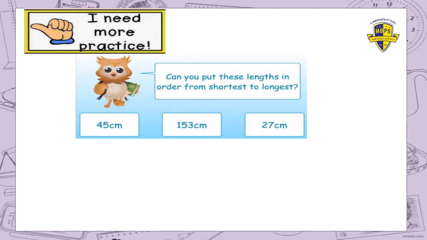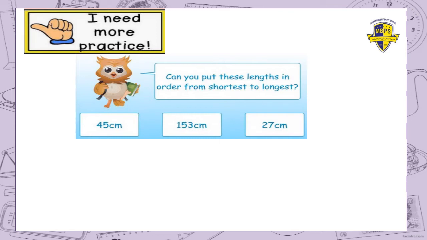This example asks you to put these lengths in order from shortest to longest. The lengths we have are 45 centimeters, 153 centimeters and 27 centimeters. So here we are lucky. Why? Good, because all the lengths are in centimeters, so all you have to do is compare the numbers.